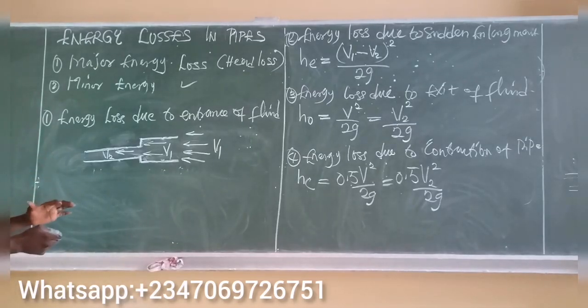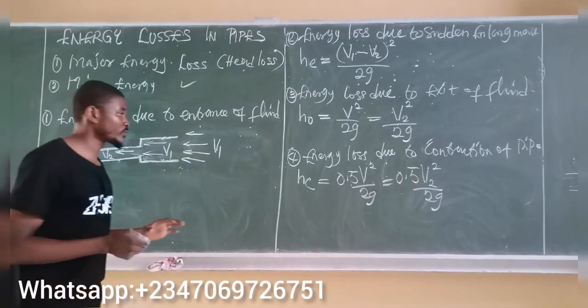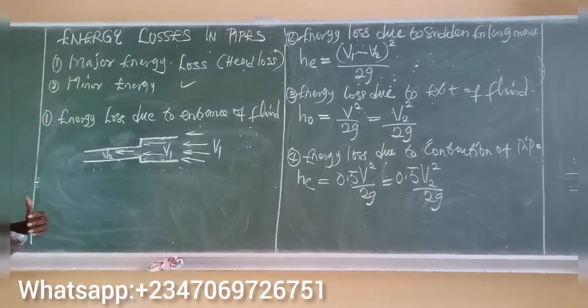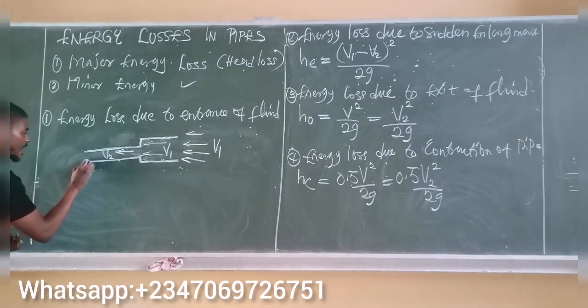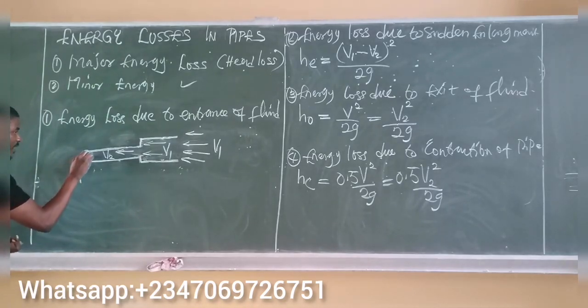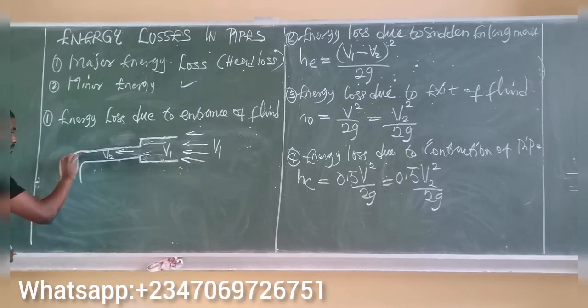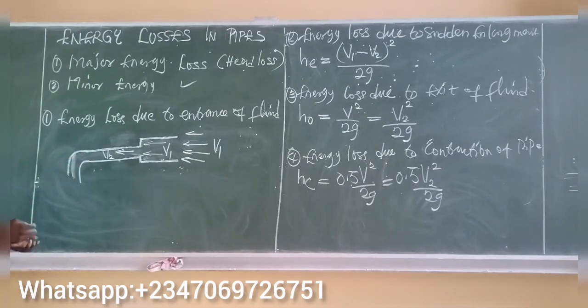Aside from these four energy losses we've talked about, we can also have a bend in the pipe. Let's say this pipe has a bend, something like this. Then there's going to be some form of reduction in the fluid flow due to this bend.